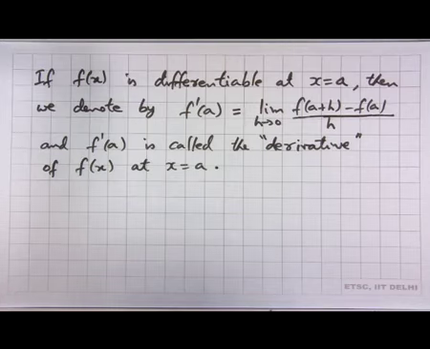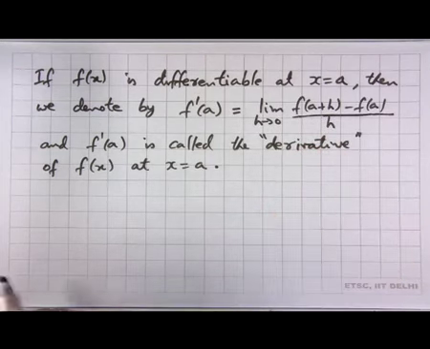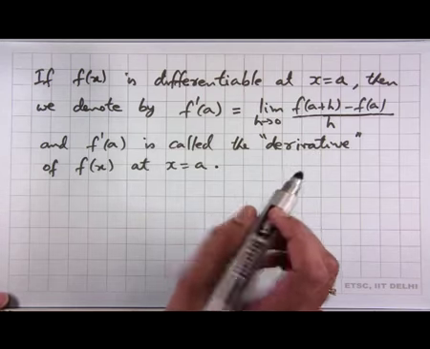So, the derivative is the limit of this difference quotient if this limit exists, and if the limit does not exist, then we will say that the function is not differentiable.